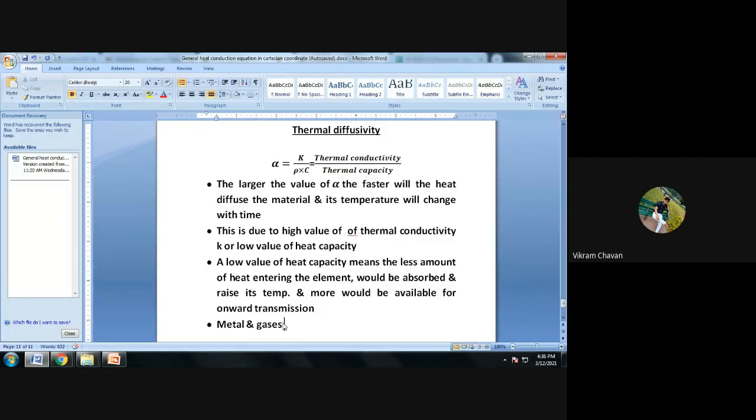First point, larger the value of alpha, the faster will the heat diffuse.